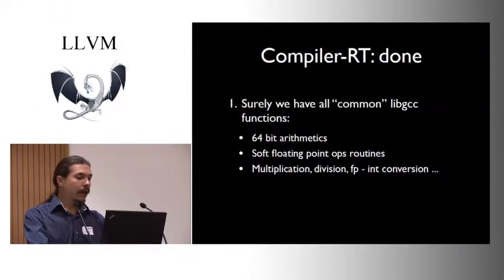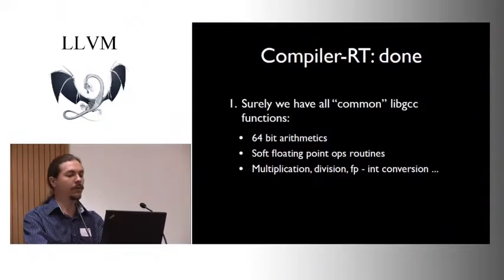Right now, inside the compiler RT for ARM, we have all common libgcc functions. By common, I mean 64-bit arithmetic, soft floating point routines, multiplication, division, conversion between integer and floating point, all stuff like that. We even have some extended ABI functions for ARM.